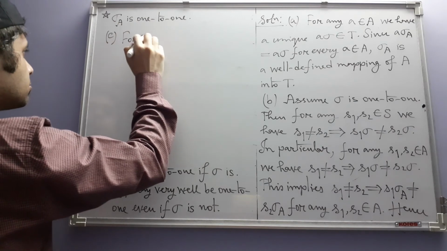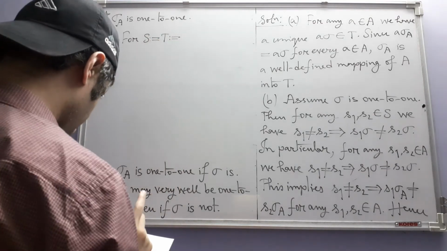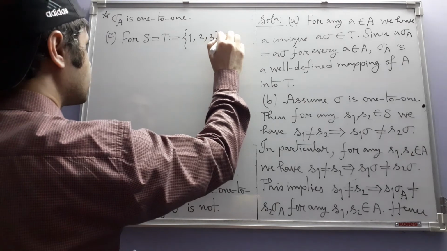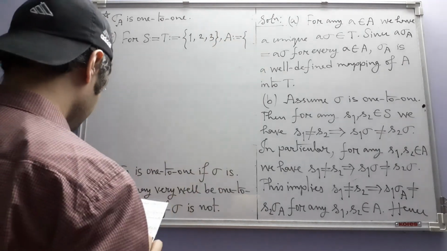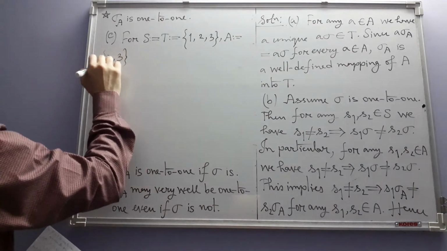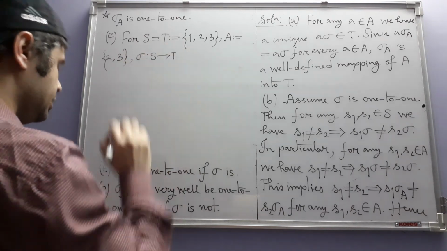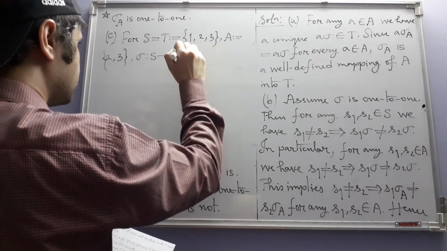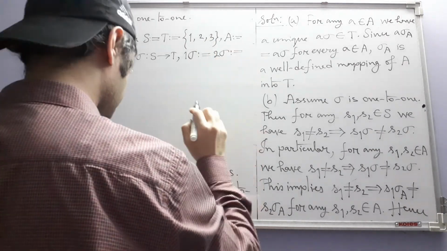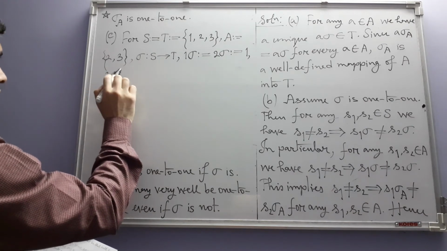For S equal to T equal to this set, and A equal to {2, 3}, sigma mapping S into T such that 1 sigma is defined to be equal to 2 sigma, which is defined to be equal to 1, and 3 sigma is defined to be equal to 2.